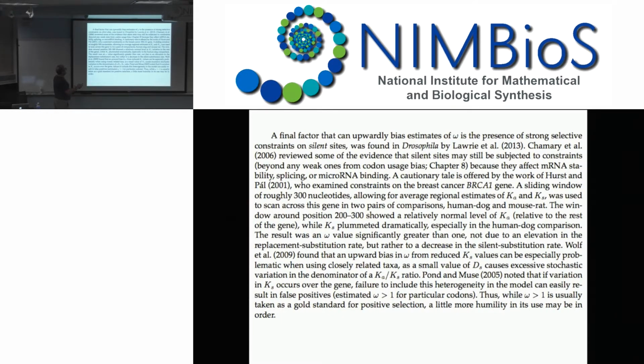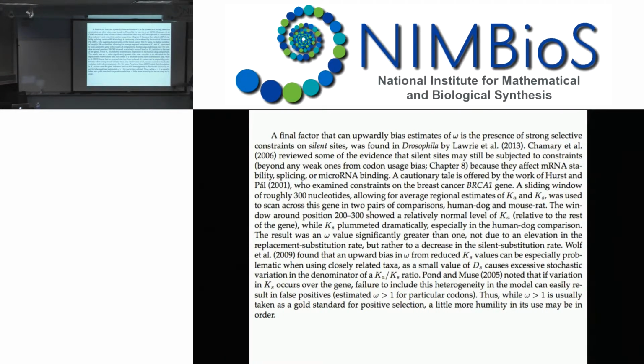A really interesting example of this is the BRCA1, the breast cancer 1 gene. You compare humans and dogs. What you see is a window around position 200 to 300 shows a relatively normal level of Ka, roughly the same as across the whole genome.